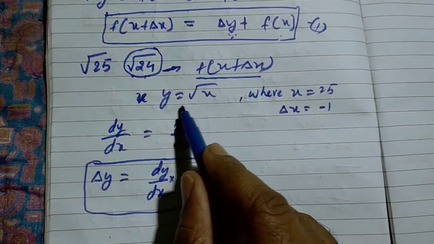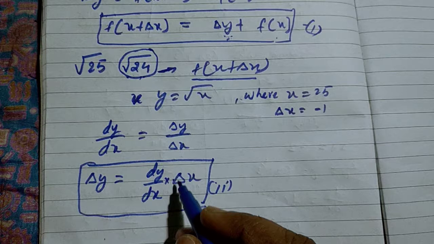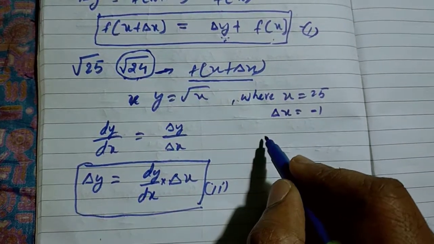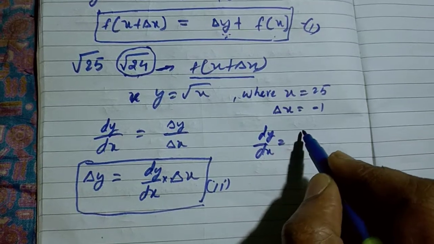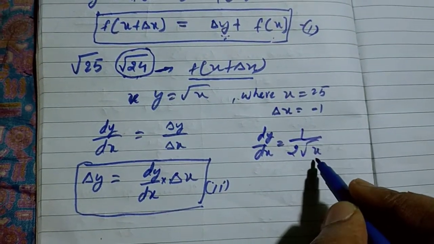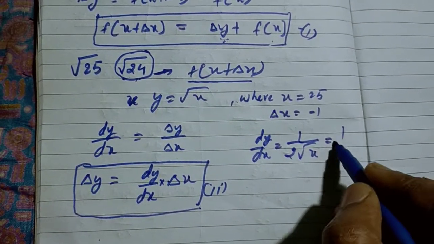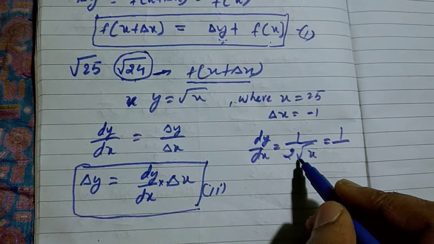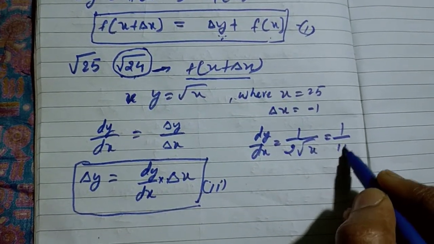What is y? Y equal to root x. So what is dy by dx? Dy by dx is 1 by 2 root x, and x is 25, so root x becomes 5, so it is 1 by 10.